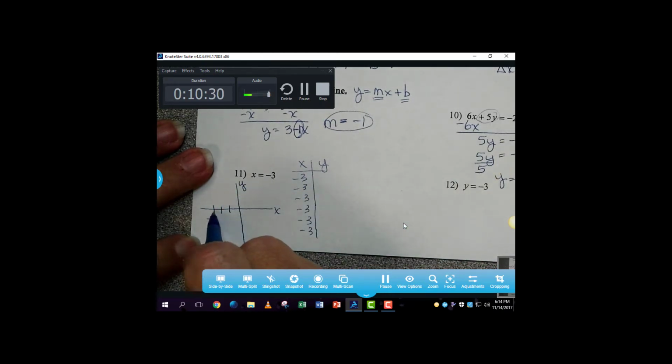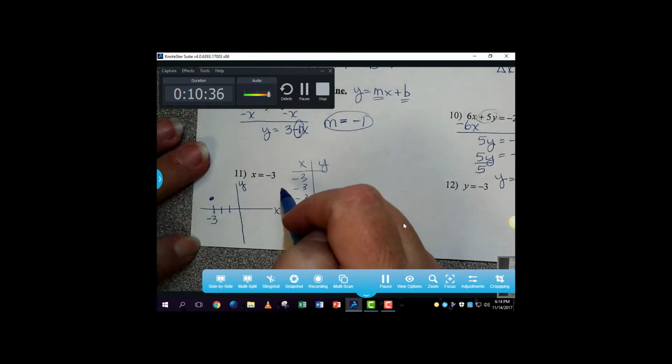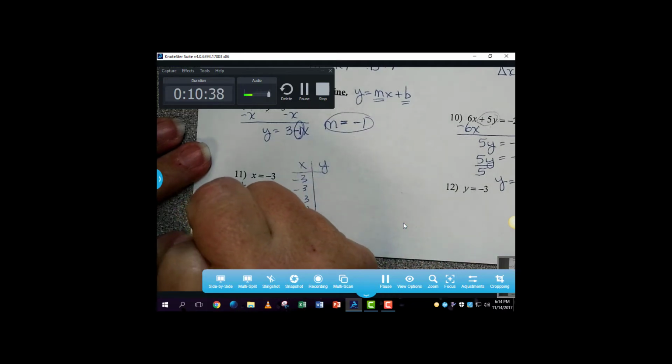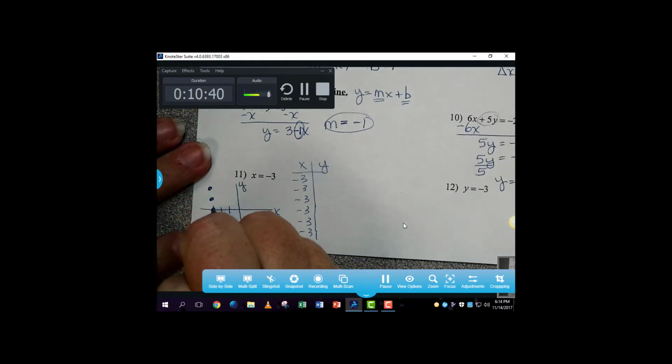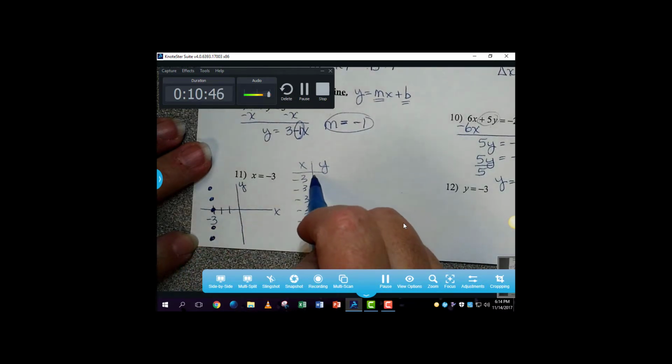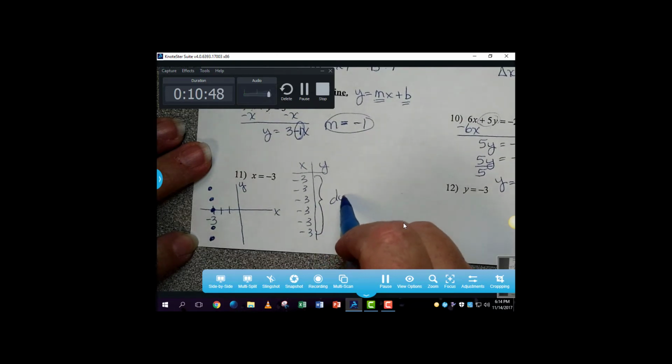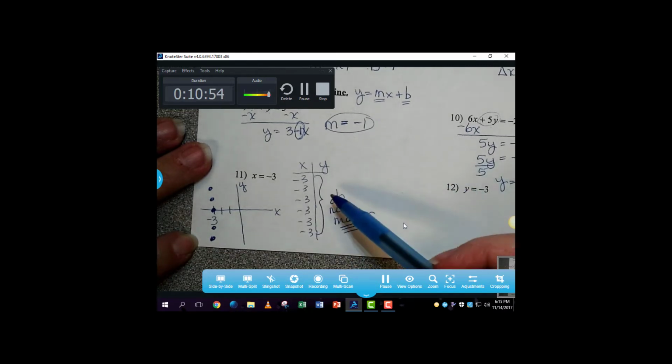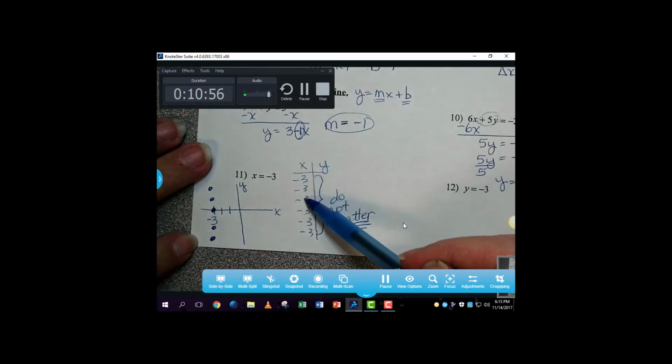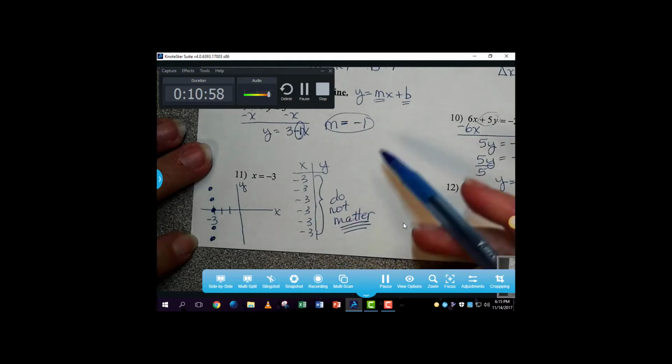I have negative 3. It does not matter what the y numbers are. So I could have (negative 3, 1), (negative 3, 2), (negative 3, 0), (negative 3, negative 1), (negative 3, negative 2). Right? These numbers do not matter. The only number that matters is writing down negative 3 for the x.